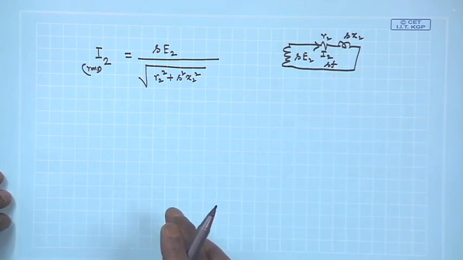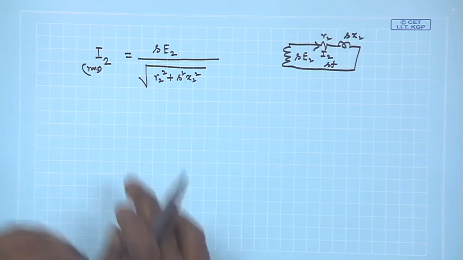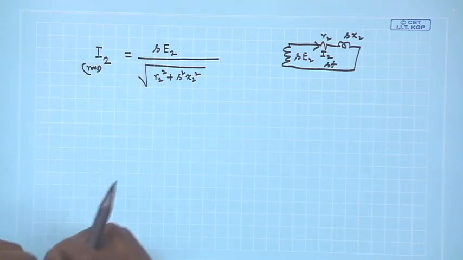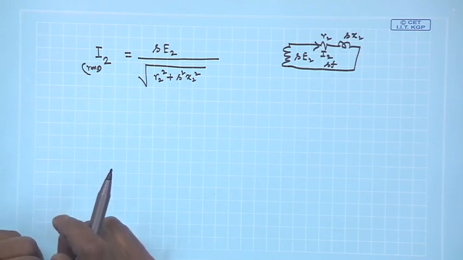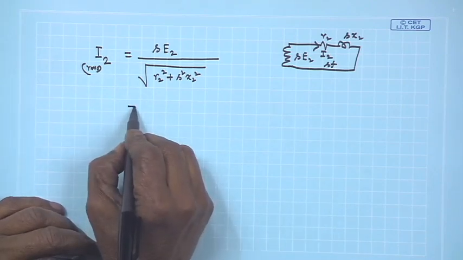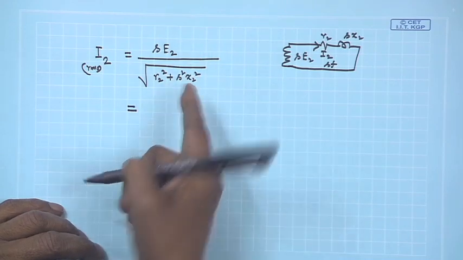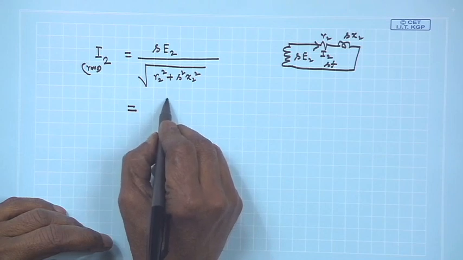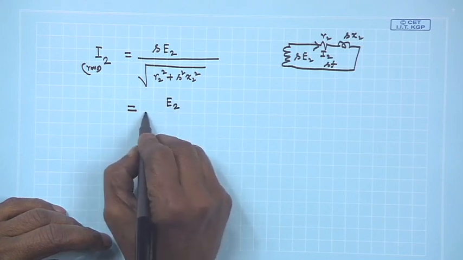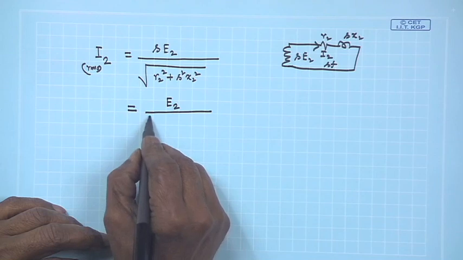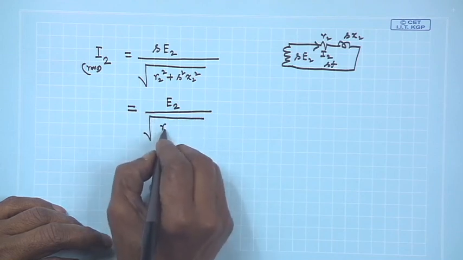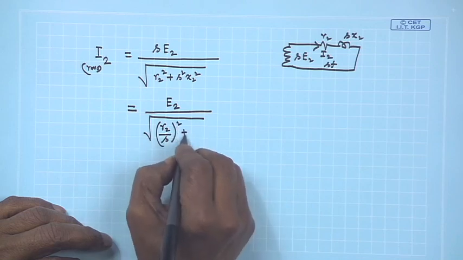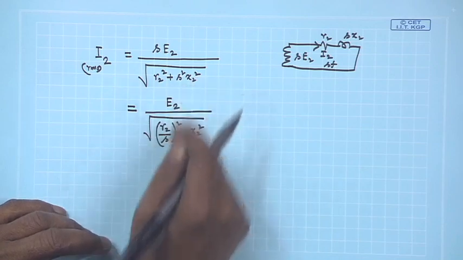Now, let us see this expression of the current, I will manipulate it a bit. In which way? I will divide both numerator and denominator by S. So, this will become E 2 divided by square root of R 2 by S whole square plus X 2 square. This way I can write it.